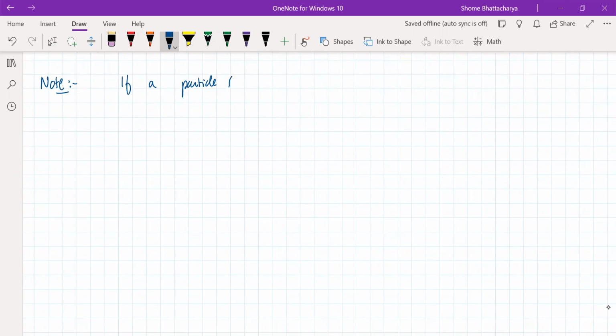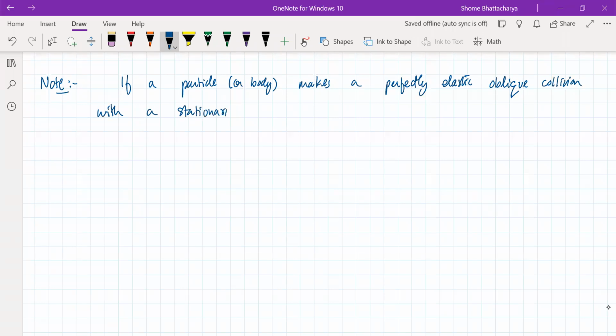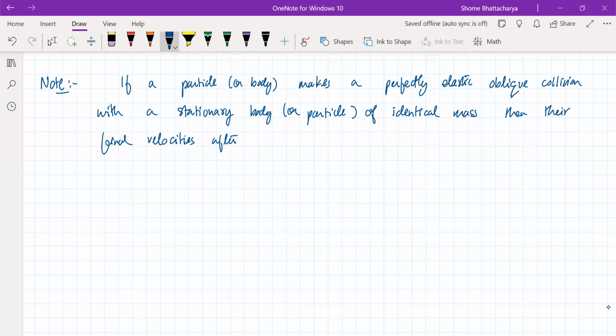If a particle makes a perfectly elastic oblique collision with a stationary body or particle of identical mass, then their final velocities after impact will be perpendicular. So here the necessary condition is that it's perfectly elastic and identical mass.